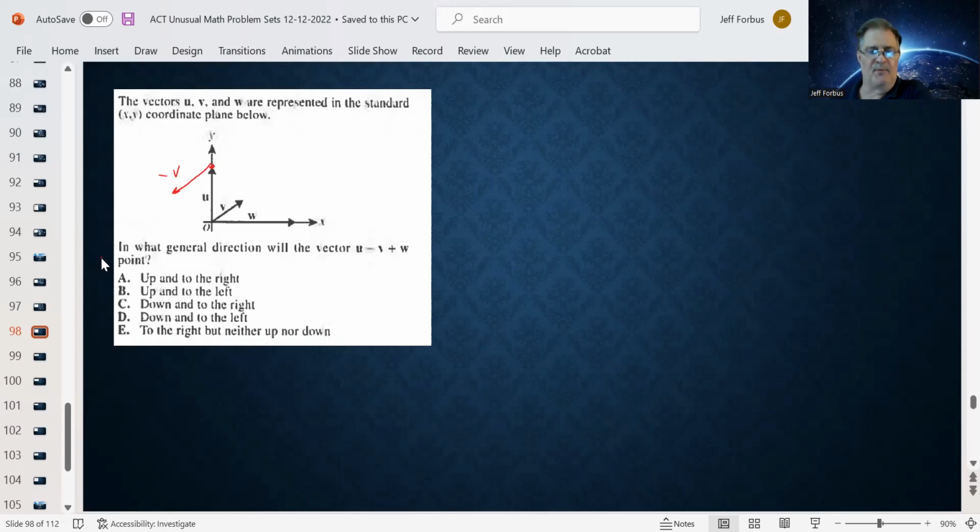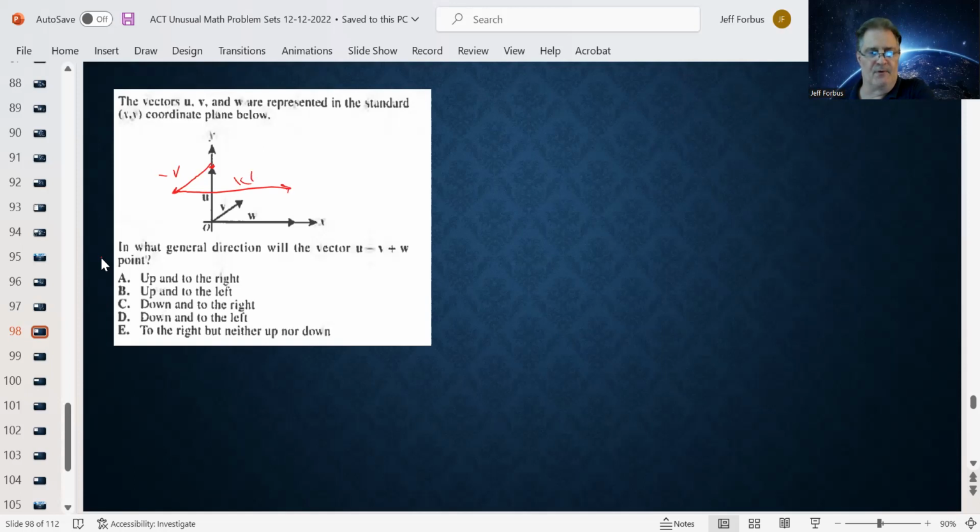Now it says plus w. Well, w originally stays right on the x-axis, the positive x-axis, heading towards the end of the graph. So we're going to draw the same vector in the same direction. So there's w.